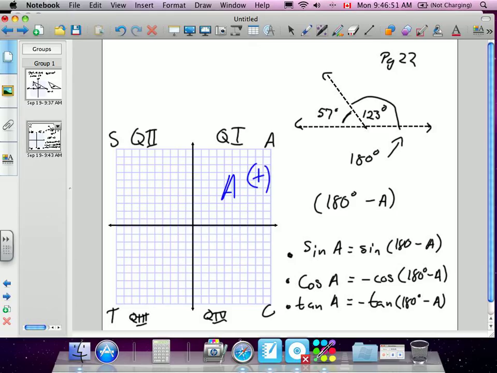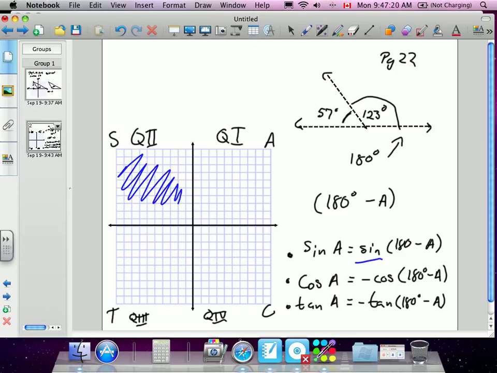This was S. So this meant only sine ratio was positive in this quadrant. Cosine and tangent are both negative, which is exactly what we see here when we set up our formula. Okay? And from here, this was tangent was positive, and this was cosine was positive. But because we're working with obtuse angles, we're specifically working in quadrant 2. So in quadrant 2, when we set up a sine ratio, we know that sine will be positive.